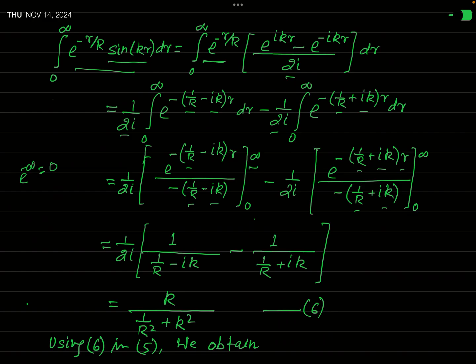And when you take r equal to 0, then the numerator of both terms will be 1. And in the denominator, there will be minus (1/R minus iκ), so that will become plus. So the first term is 1 over (1/R minus iκ), and the second term will be 1 over (1/R plus iκ).